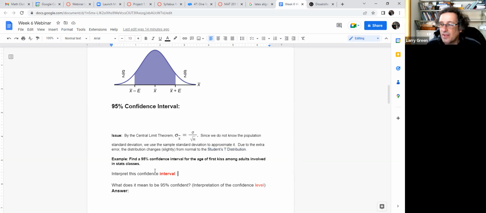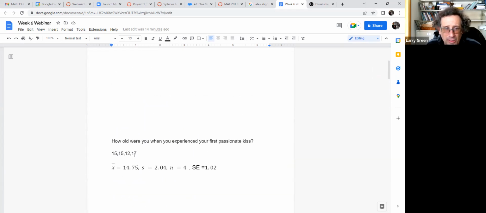Okay, so what I want to do now is I want to show you how to interpret our interval. So we want to find a 95% confidence interval for the age of first kiss among adults involved in stats classes. So the first thing I'm going to do, by the way, I did this, and I kind of guessed at a confidence interval by using the empirical rule, but I could do better.